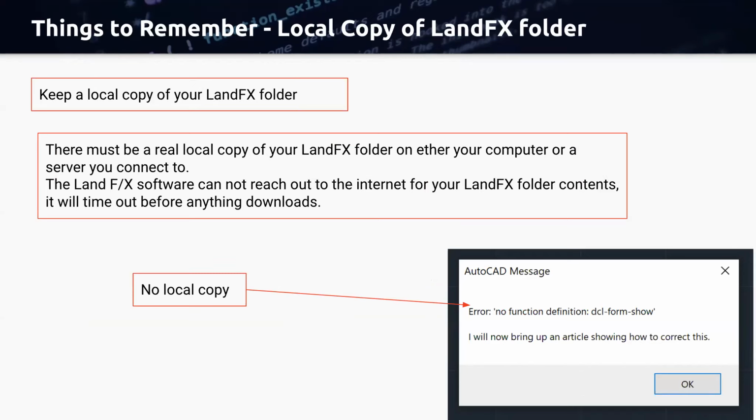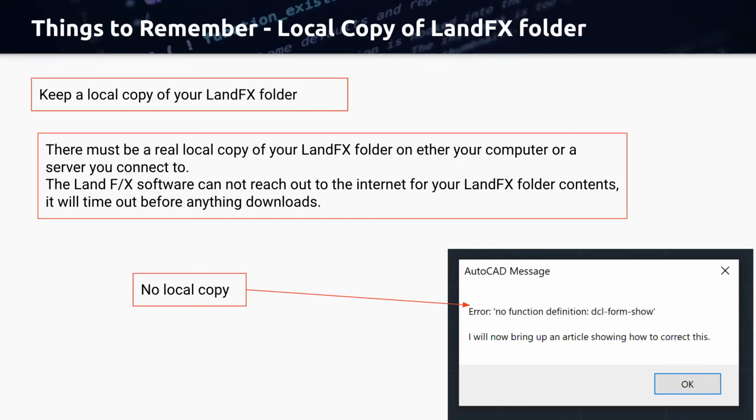With a pure cloud solution or a pure cloud share, what happens is they leave a shortcut on your computer for your file in the cloud, and it only grabs it when you ask for it. Saves space on your hard drive. It's real cool, but for Land F/X, AutoCAD and Land F/X ask for a file, your shared online folder system then reaches out to the cloud looking for that file and trying to download it.